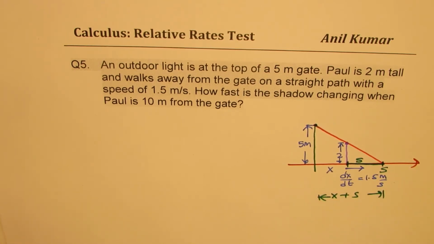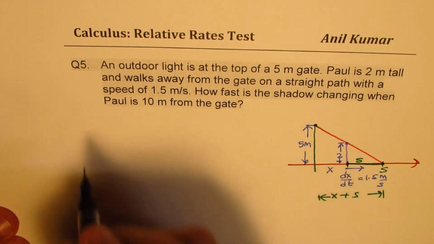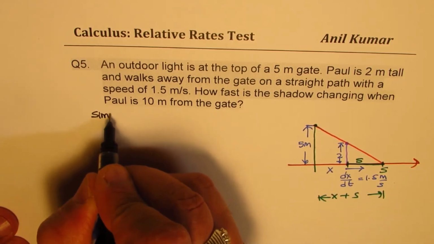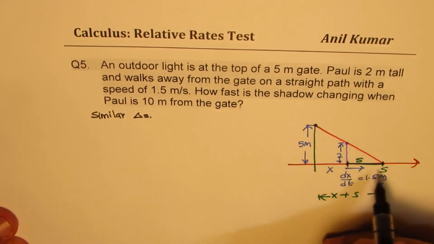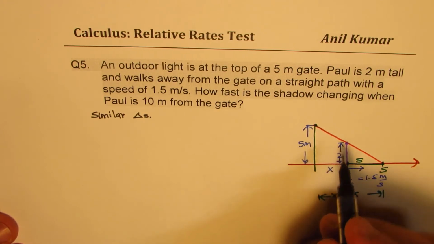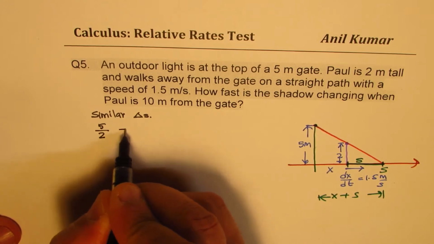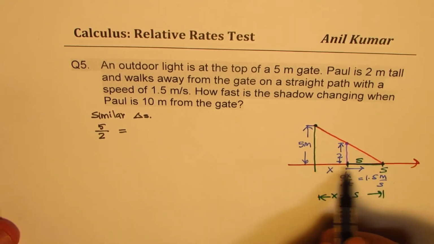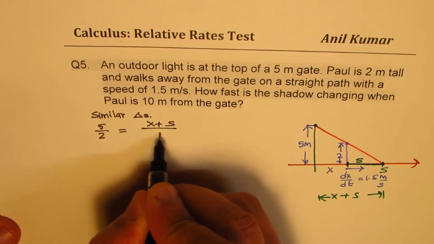Correct? Now, such questions wherever you have light and shadow we'll do with similar triangles. So the big triangle is similar to the smaller triangle, and therefore we can write down the height ratio: 5 over 2 should be equal to the distance x plus s over s.